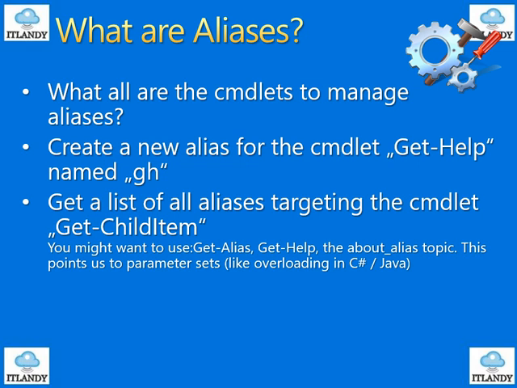This points us to the parameter sets, like overloading in C# or Java. Get-Command -Noun Alias. New-Alias -Name gh -Value Get-Help, and Get-Alias -Definition Get-ChildItem.